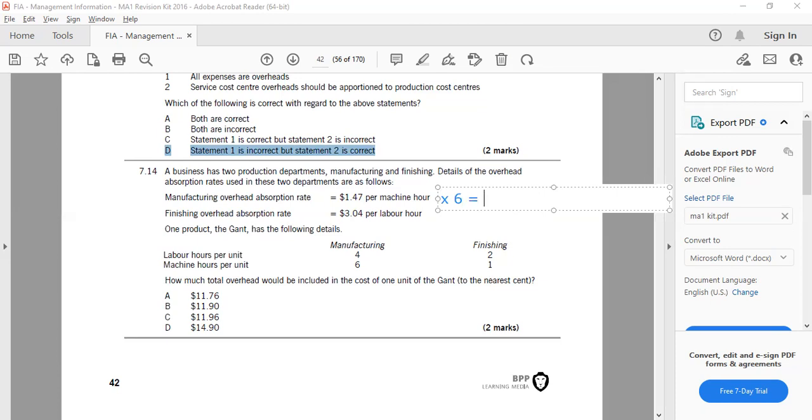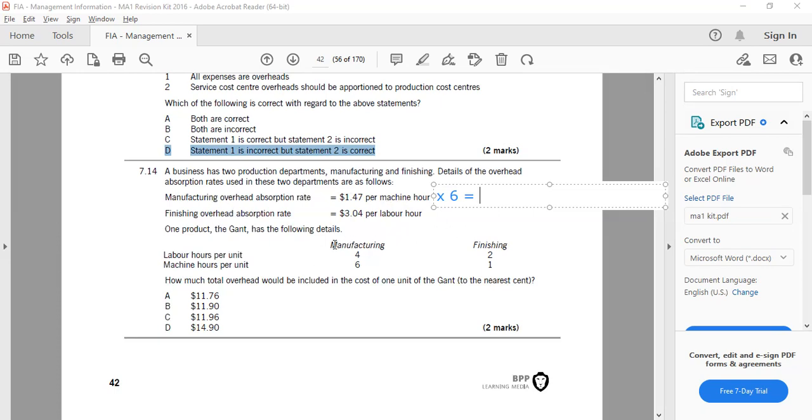Why are we multiplying it with 6? Can you tell me? Because those are the machine hours, and this is the absorption rate. Manufacturing overhead is absorbed at this rate per machine hour, so that's why we take machine hours in manufacturing.